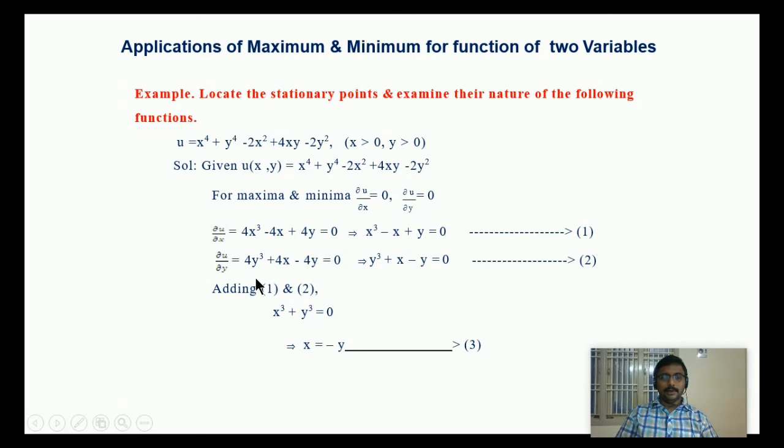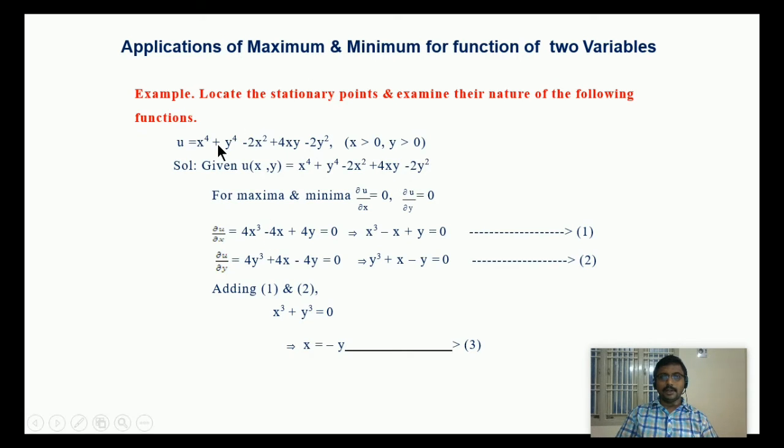Now dou u by dou y, differentiating u partially with respect to y, keeping x as constant. If the constant term is a separate one, then its derivative becomes 0. If the constant term is multiplying the independent variable term, just take out the constant term and then differentiate the independent variable term. So dou u by dou y, while differentiating partially with respect to y, keep x as constant.